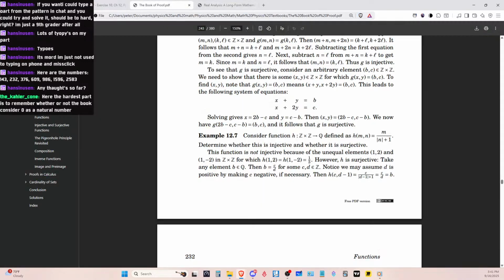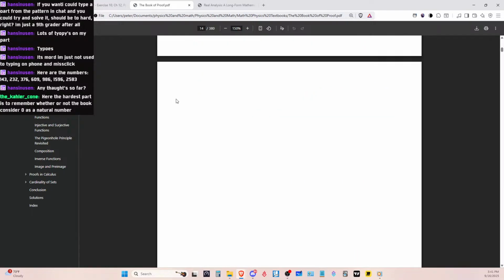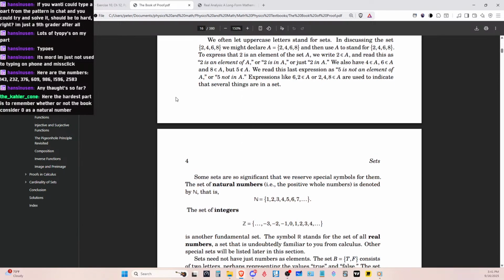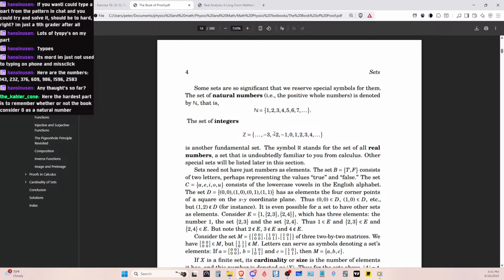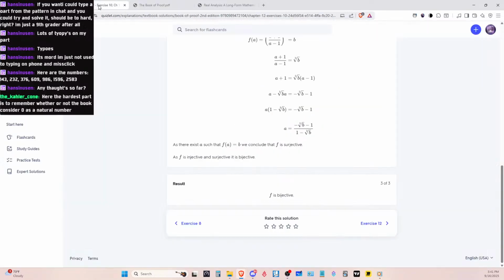Let me check at the beginning of the book, because if they explain sets, they're going to explain what the natural numbers are. Okay, at the beginning of this book, they basically said that 0 is not included.